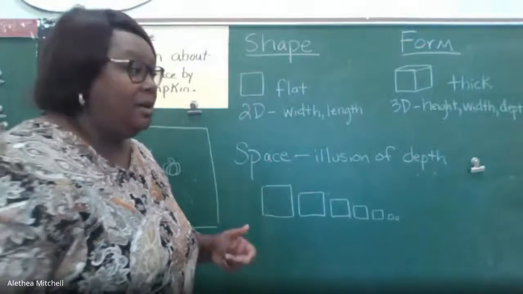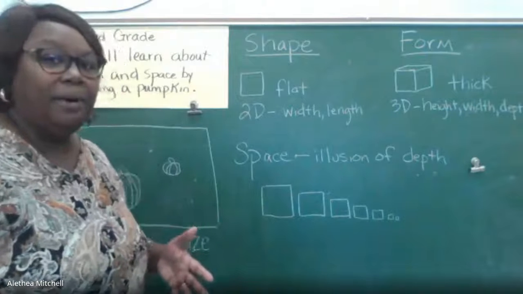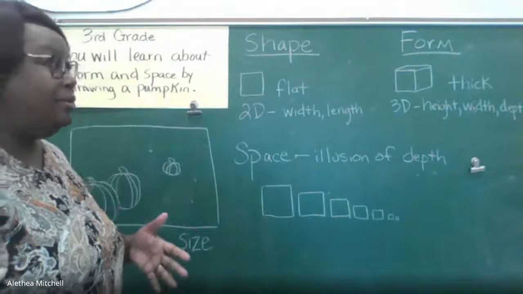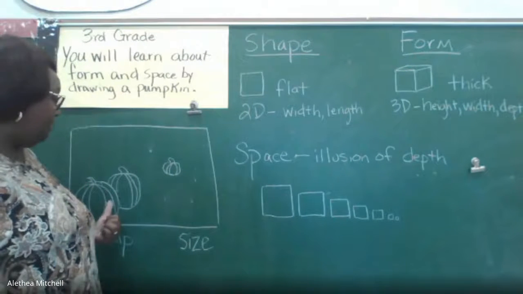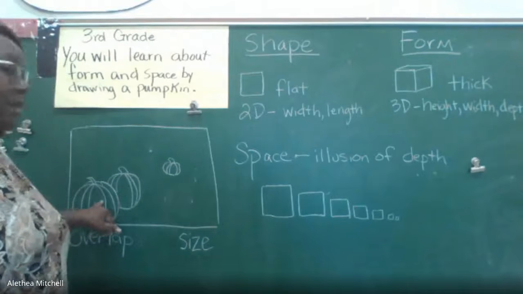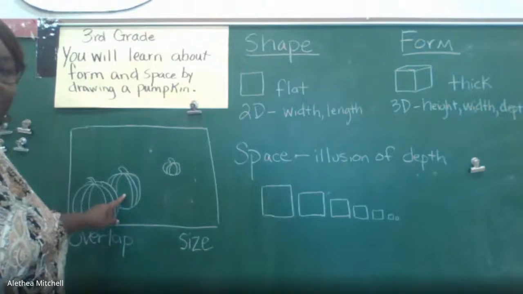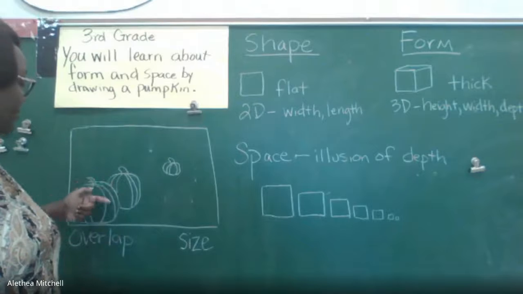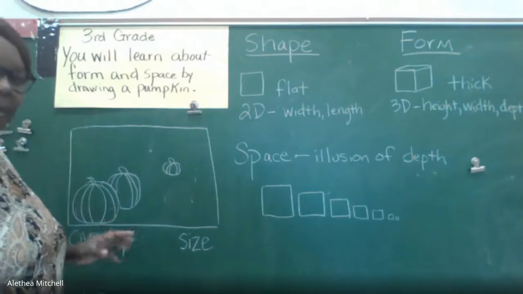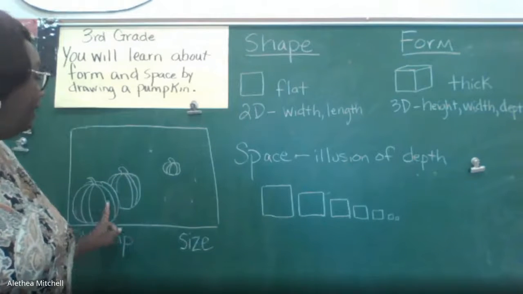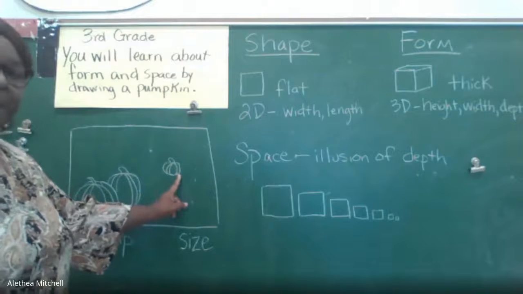For example, when it comes to drawing a pumpkin on paper, you can overlap them. That is, you can start with one drawing and then position the other thing behind it so that it would appear to be covered just a little bit. That's overlapping. Now, off in the distance, you've got something higher up.